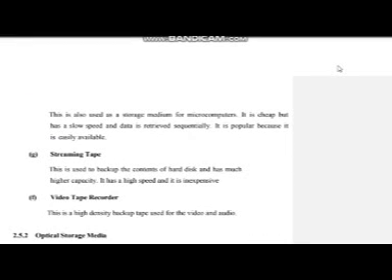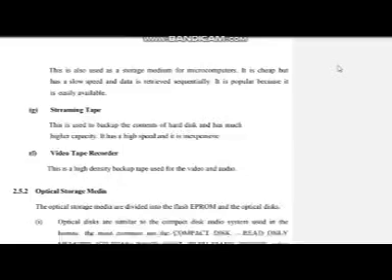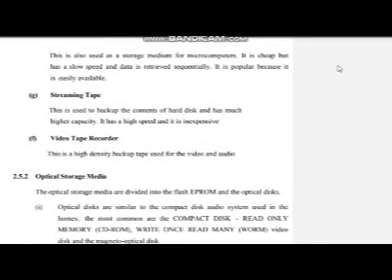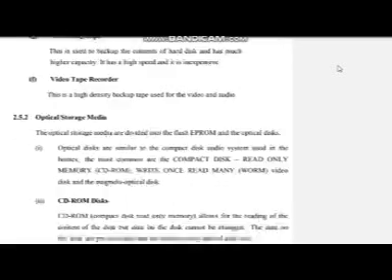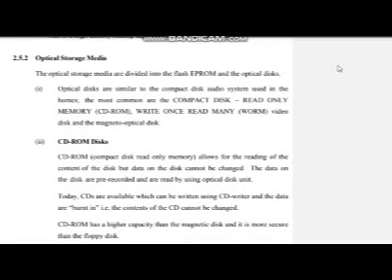The optical storage media are divided into flash EEPROM and the optical disc. One, optical discs are similar to the compact disc audio system used in homes, the most common are the compact disk, read-only memory. Then two, we have the CD-ROM disk, that's compact disk, read-only memory.